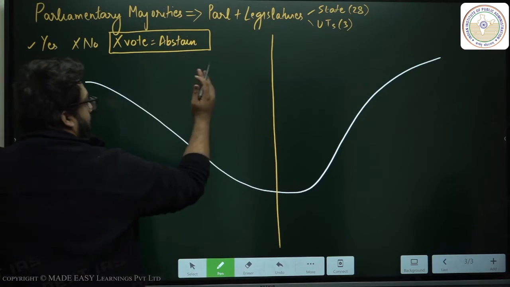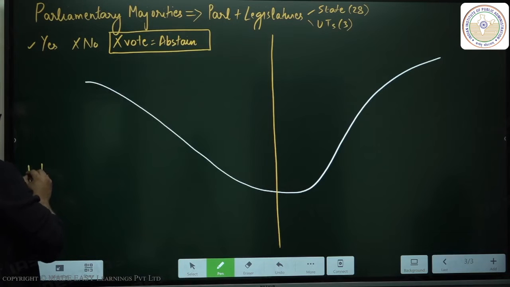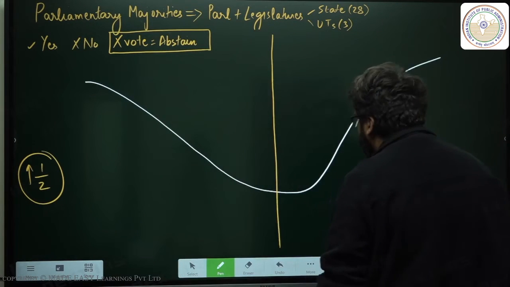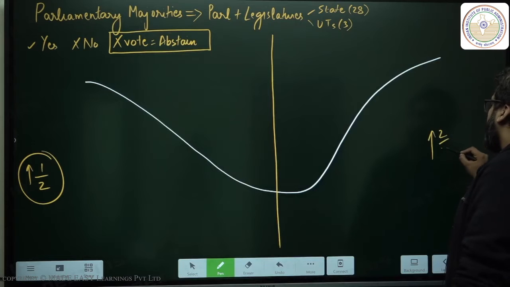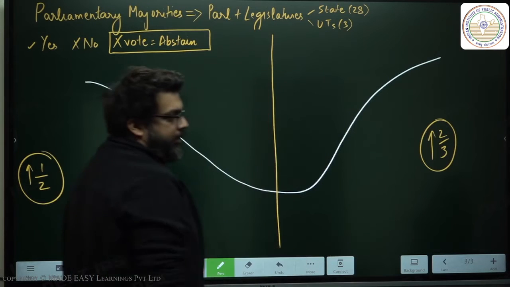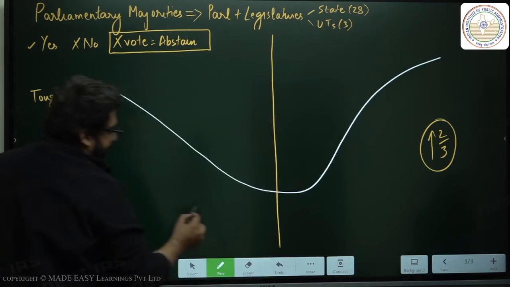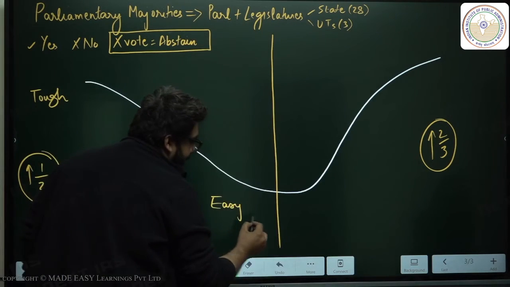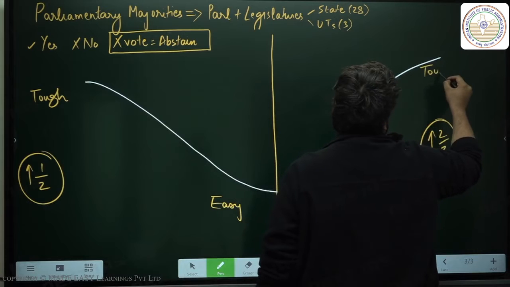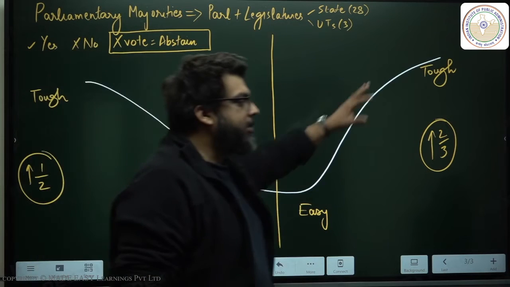One half of your majorities will use the fraction more than half, and the second type of majorities are going to use the fraction more than 2/3. So more than half and more than 2/3. And this is going to be from tough to easy and from easy to tough. This is the graph of majorities. Tough to easy, easy to tough.